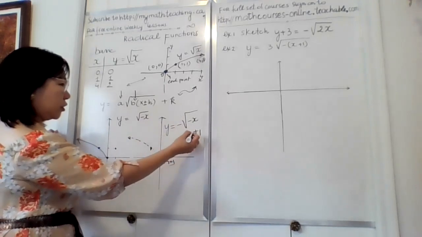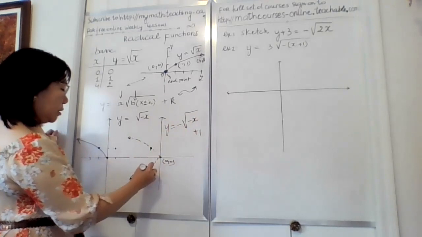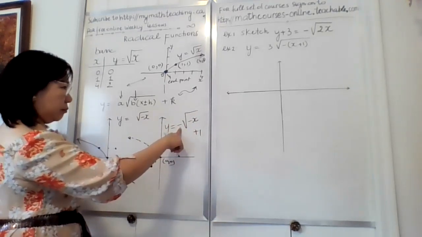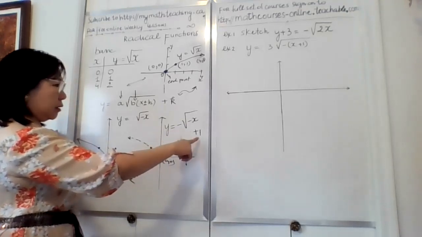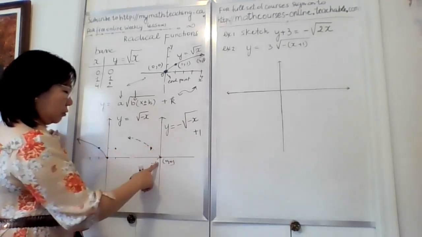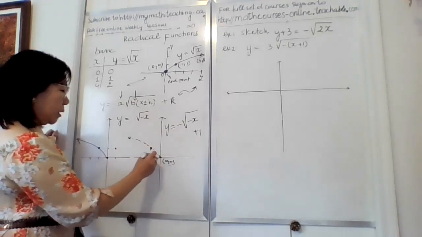Now we're going to shift this up by 1 unit. This is almost the final draft, but our final draft will have to be shifted up by 1 unit. So this is the function we're going to shift up by 1 unit.